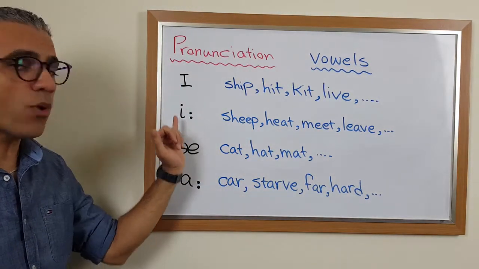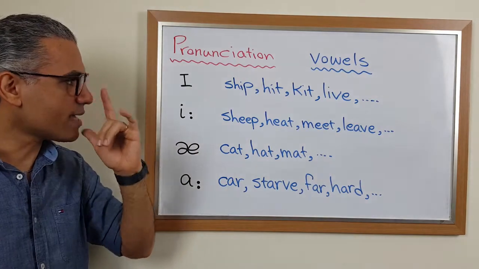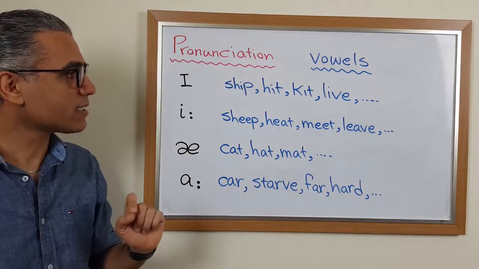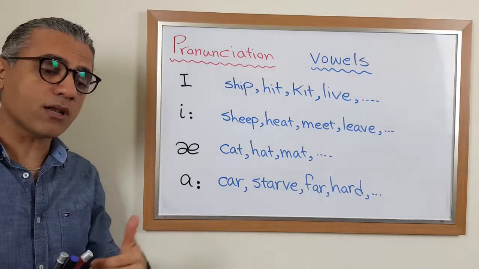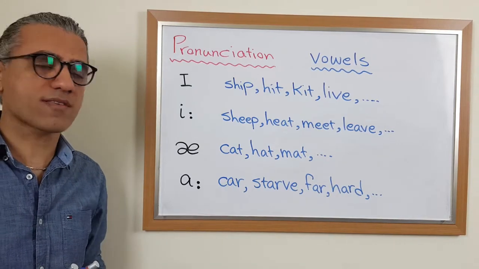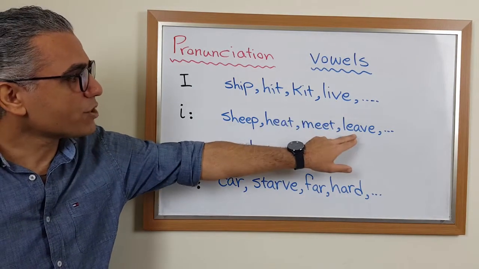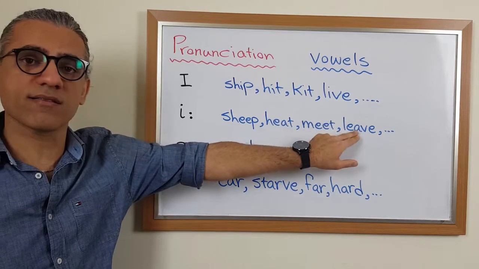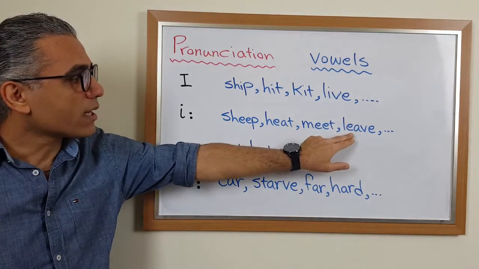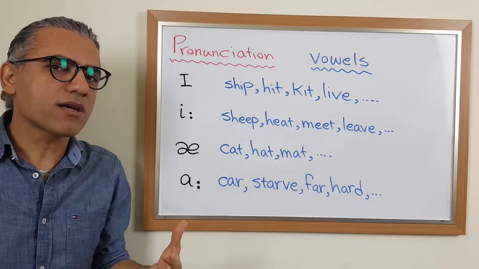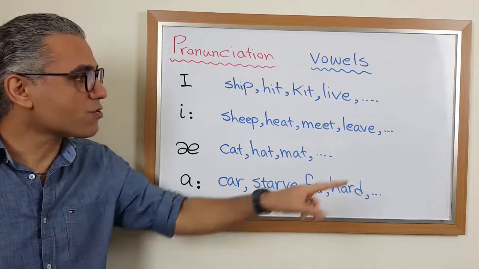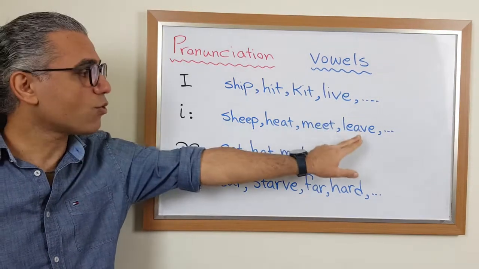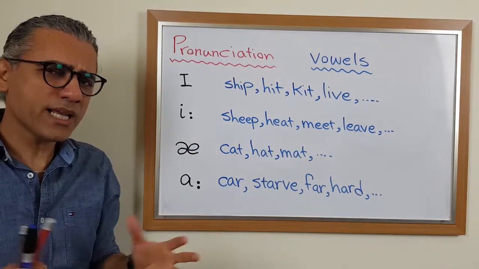Remember, one common mistake in pronunciation among English learners is the confusion between a long sound and a short sound. For example, take these two words as an example. Sometimes it is not very clear if an English learner is using this word or this word. It is very easy.